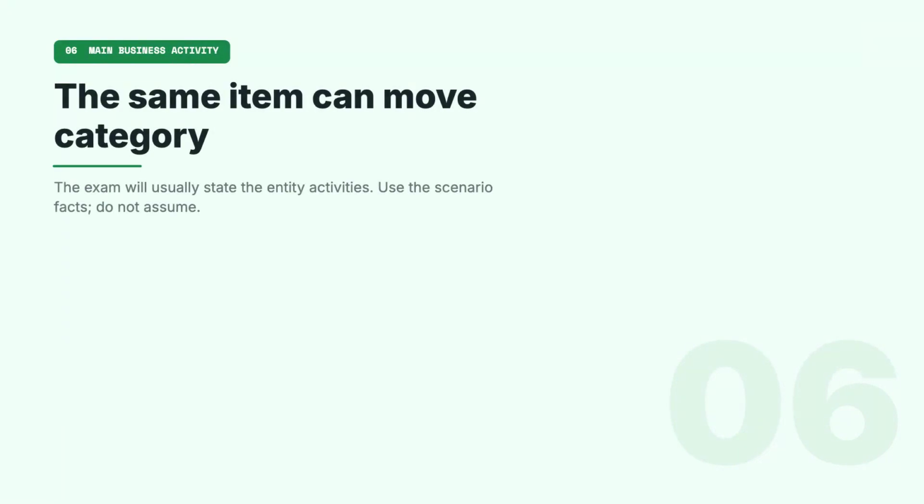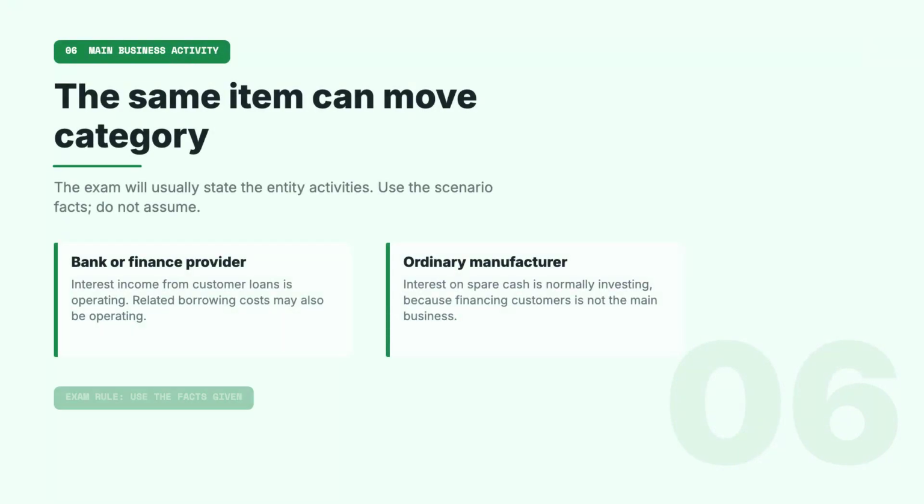Main business activity is one of the biggest IFRS 18 exam traps. The question may tell you that the entity invests in particular assets as a main business activity or provides financing to customers as a main business activity. If so, some income and expenses that would normally be investing or financing become operating. A bank that provides finance to customers reports interest income from customer loans as operating.